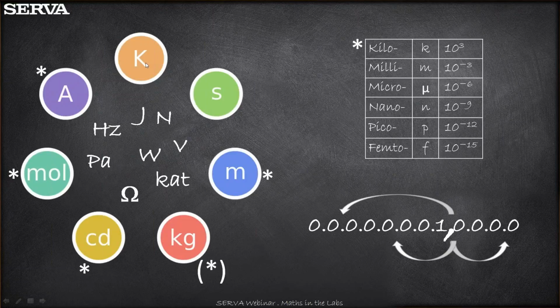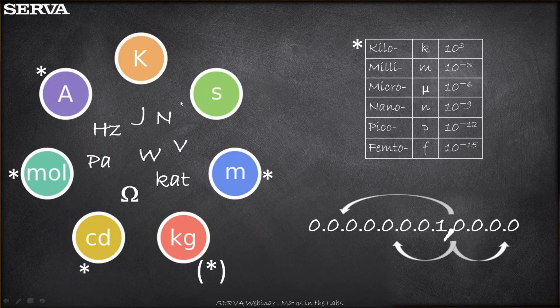Kelvin as the unit of temperature, second of time, meter of length, kilogram of mass, candela of light intensity, mole as amount of substance, and ampere of current. All other units, I just added some you perhaps know from the lab here, are a combination of these 7.